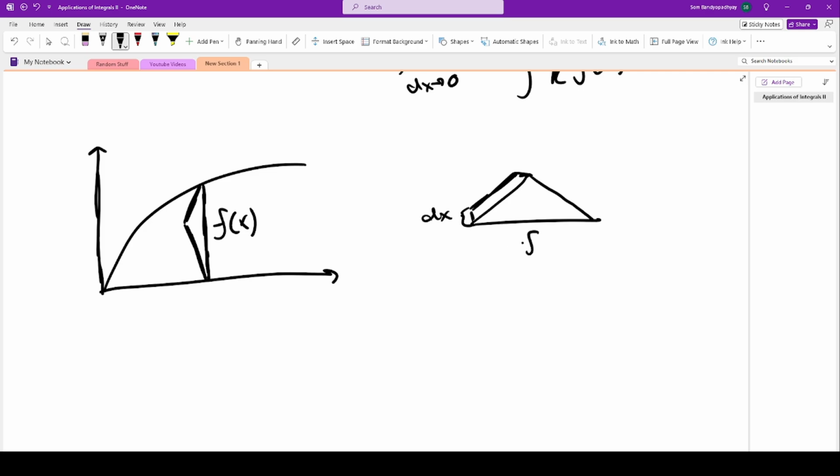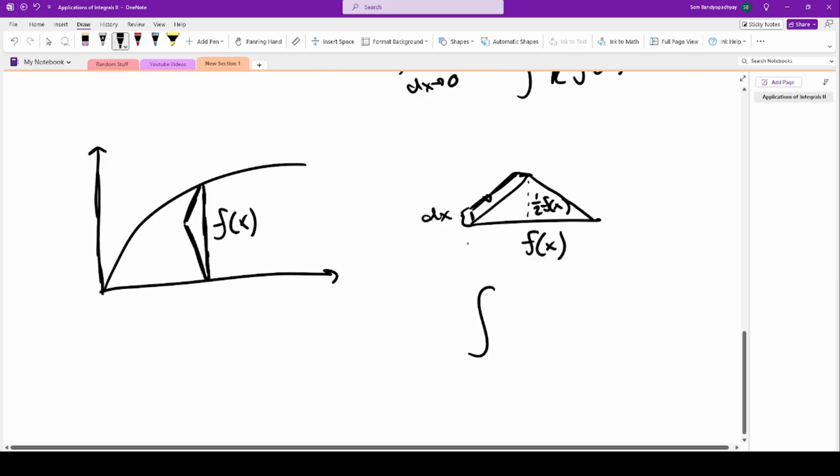So the base is f of x, and let's say the height, or actually, you know what? Let's not even give it in terms of the sides. Let's say the height is 1/2 f of x, right? Obviously, this isn't to scale, but the same process applies, right?